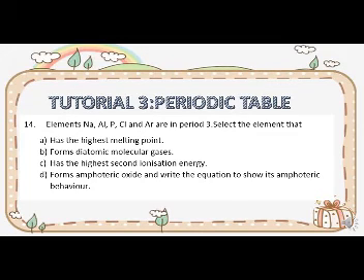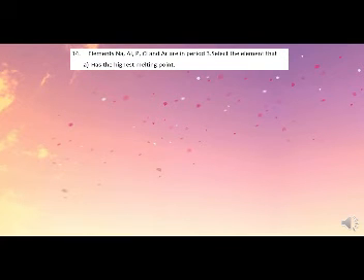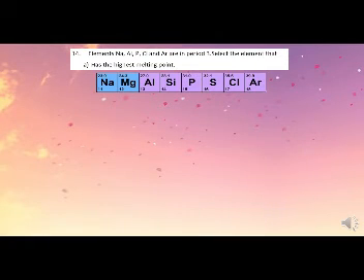Actually, this question is quite easy, so I think all of you can answer this question very well. Go through question A. Select the element that has the highest melting point. So here is the element in the period 3. The melting point for sodium is 98 degrees Celsius.